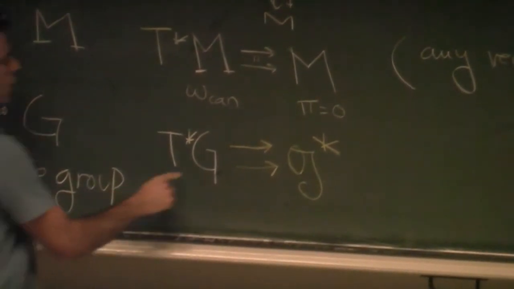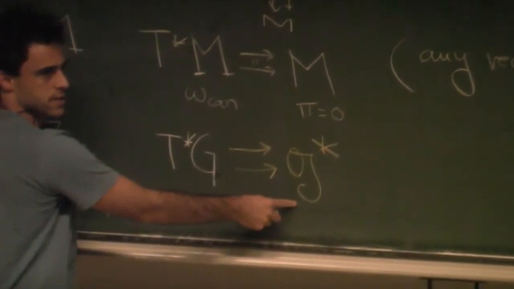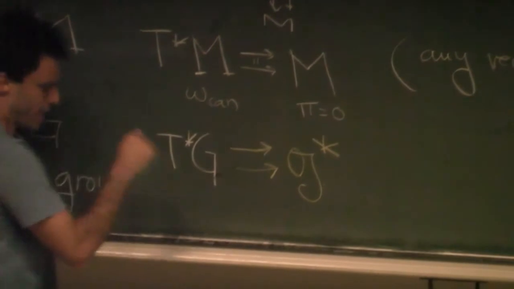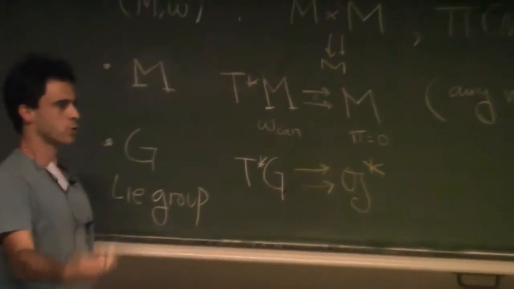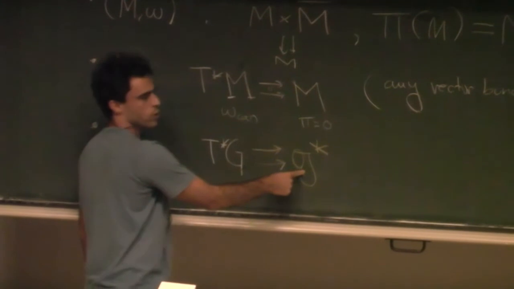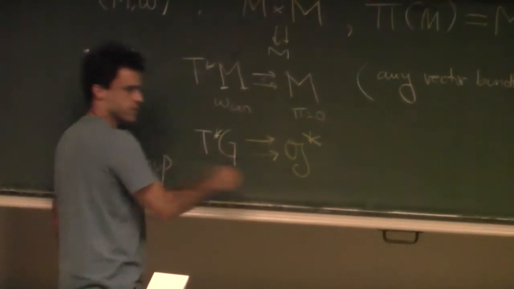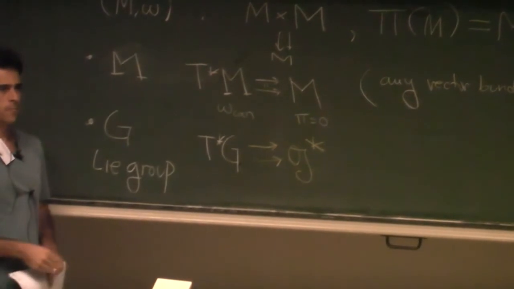So remember that, as a manifold, this is just G times G star. You can trivialize it. But because any G-manifold is associated naturally with a groupoid called the action groupoid, and because G acts on G star by the coadjoint action, you can put these things together into a groupoid, and this is a symplectic groupoid as well.